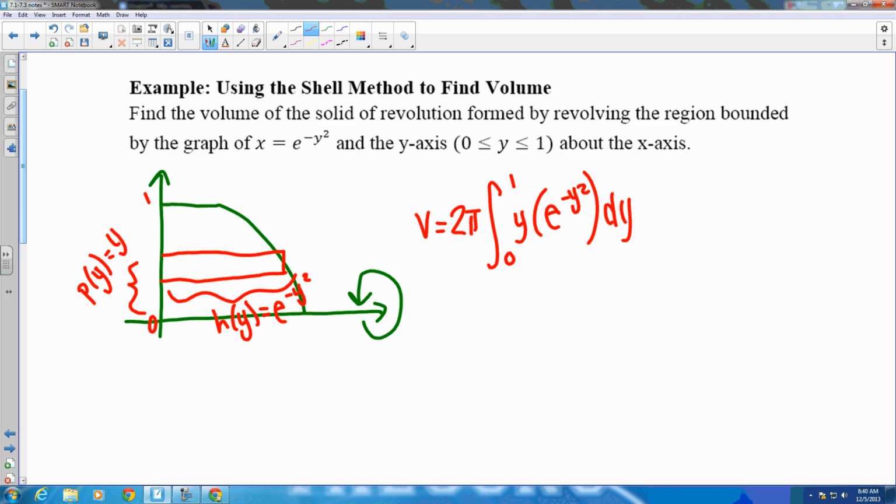This is going to be u substitution. u equals negative y squared. du equals negative 2y dy. You have to divide by negative 2, so du over negative 2 equals y dy.